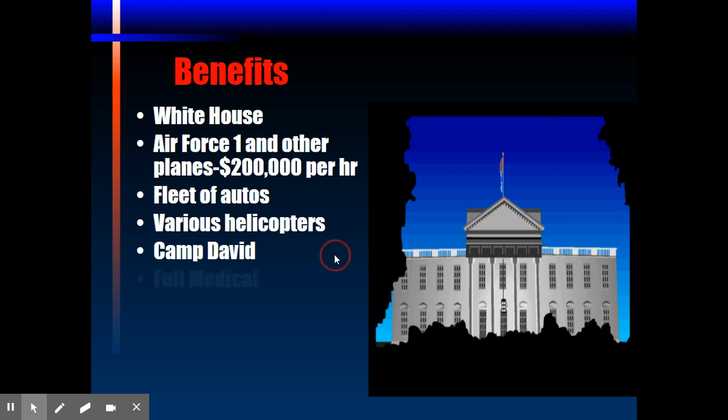So, various helicopters, of course. When he leaves the White House, he gets on Marine One, and Marine One is the helicopter that takes him to Joint Base Andrews or Andrews Air Force Base, and he gets on Air Force One from there to travel. Also, Camp David, that's the presidential retreat outside of Washington that lots of presidents use, some more than others.